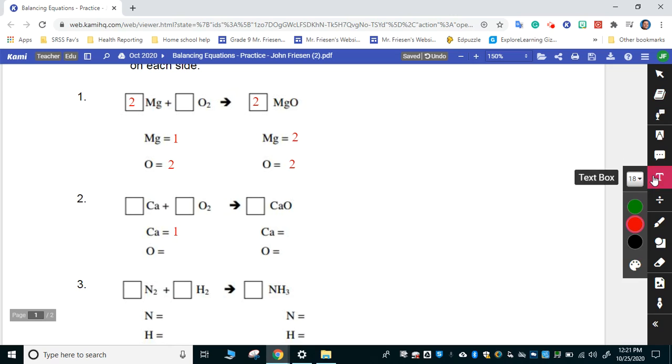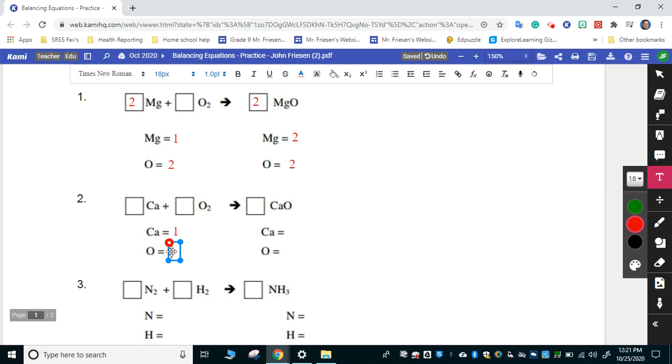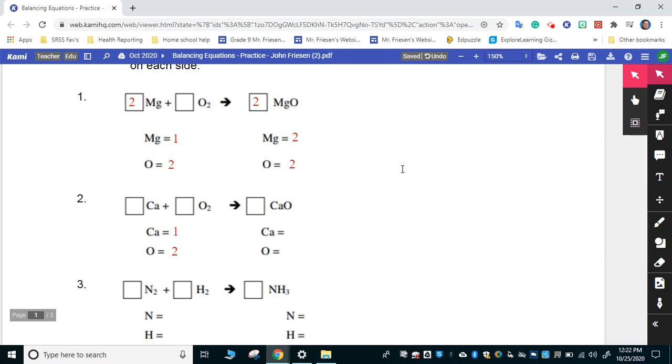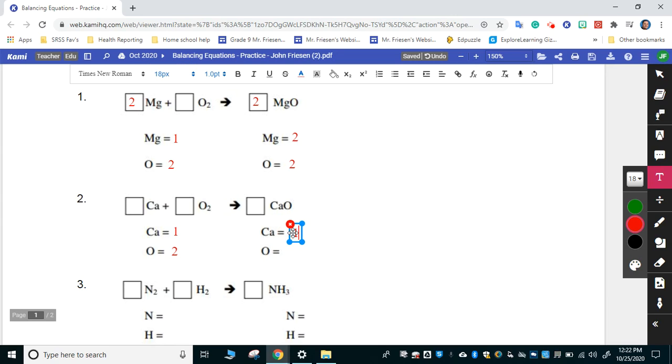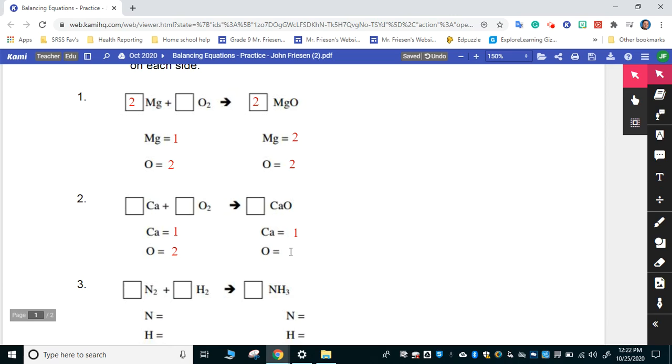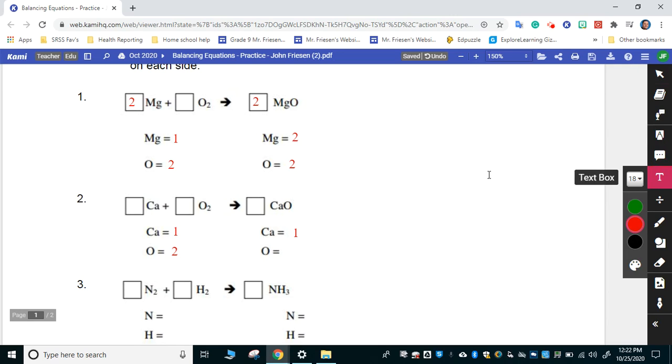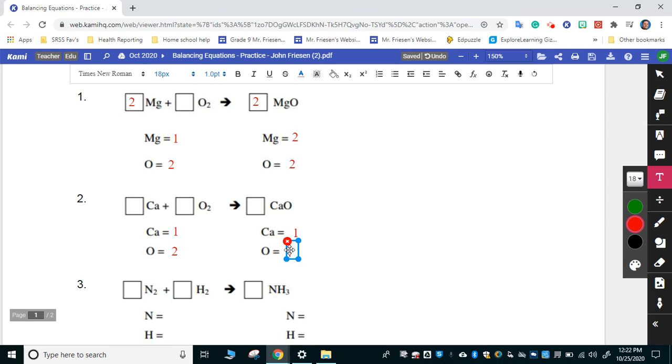Not sure why I jumped off of that. 2. On this side, how many do we have? We have 1 and 1.